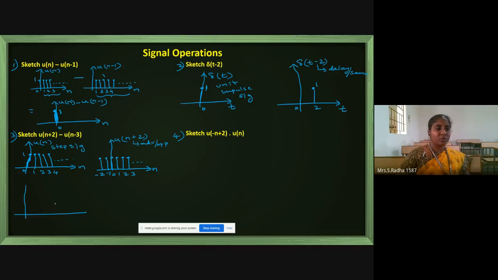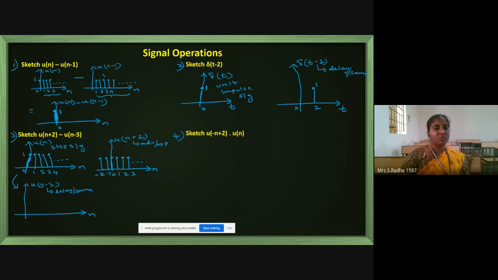Now u of n minus 3. Now draw the diagram of u of n minus 3. From the original signal itself, you have to do a 3 unit right shift. Minus means delay. Delay means you have to shift in the same direction. So n is positive.